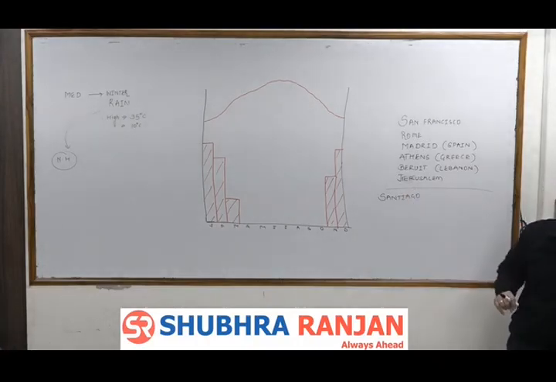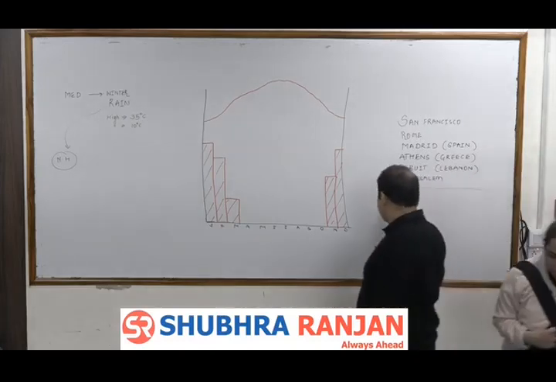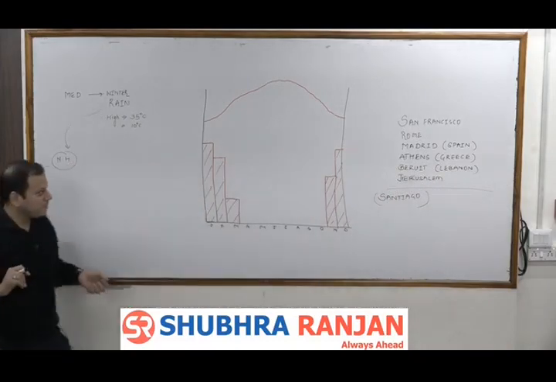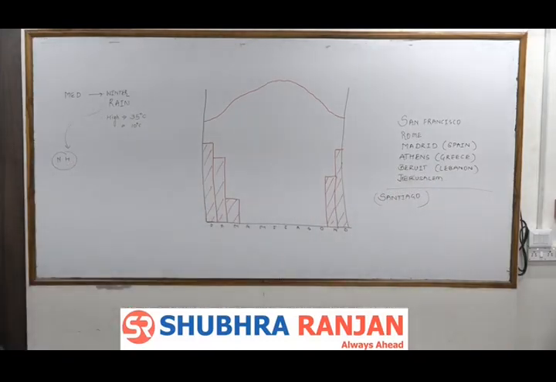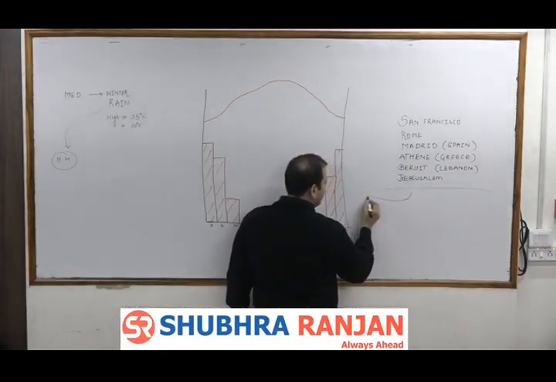Will it apply there? Chile has a Mediterranean type of climate. Central Chile, Santiago. Does this chart apply to Santiago? No. This is the Mediterranean type of climate in the northern hemisphere.